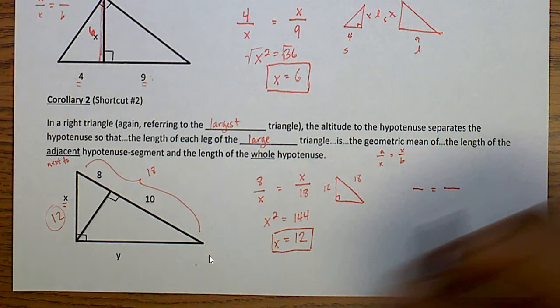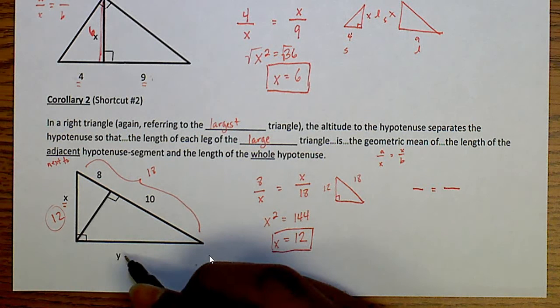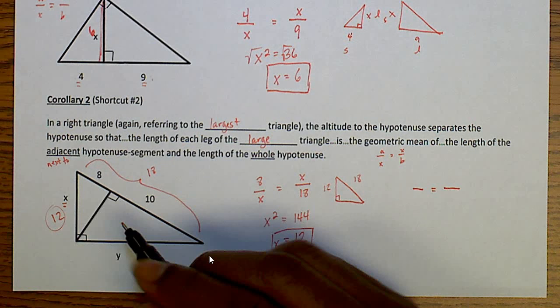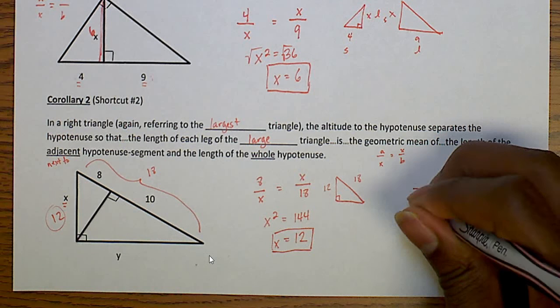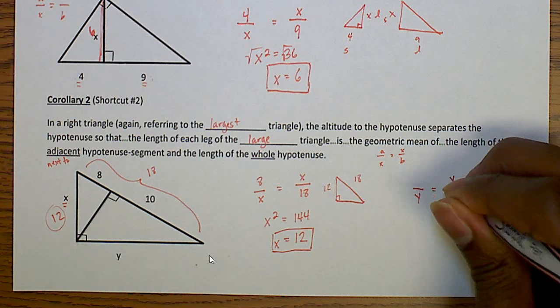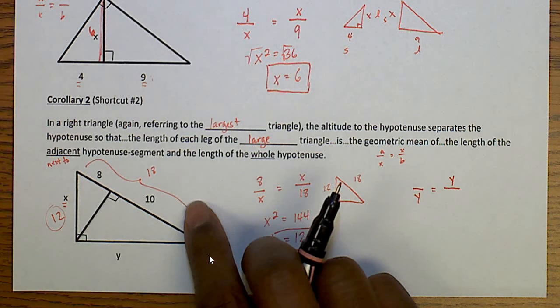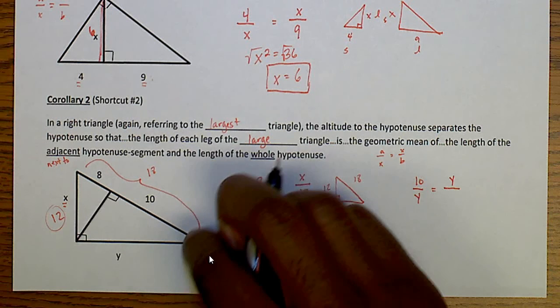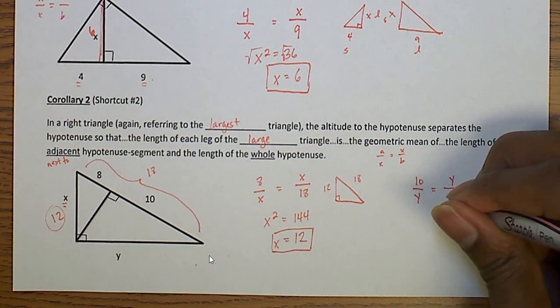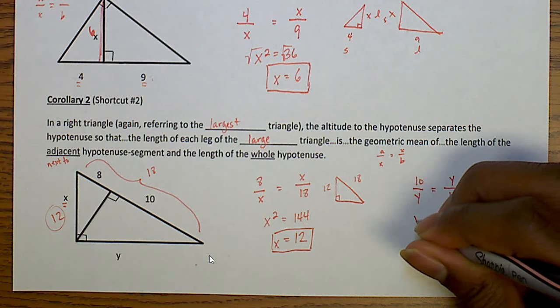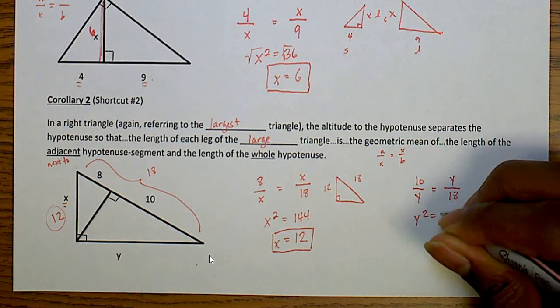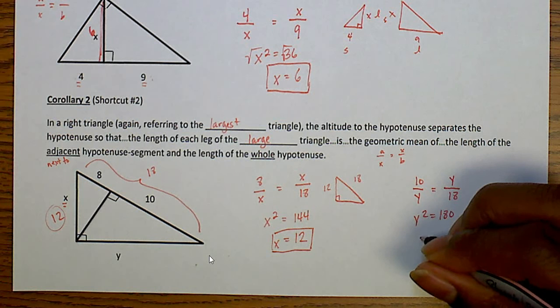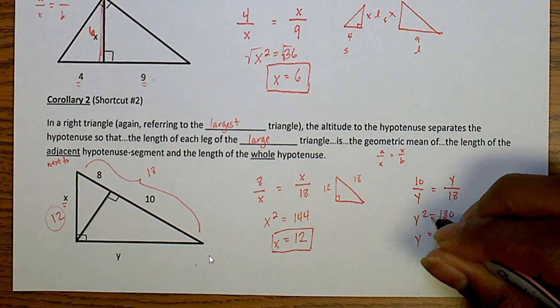Y, then, is a leg of the right triangle, so it also is the geometric mean between the adjacent segment of the hypotenuse and the entire hypotenuse, 18. So y squared will equal 180, and y will equal, what's the square root of that?